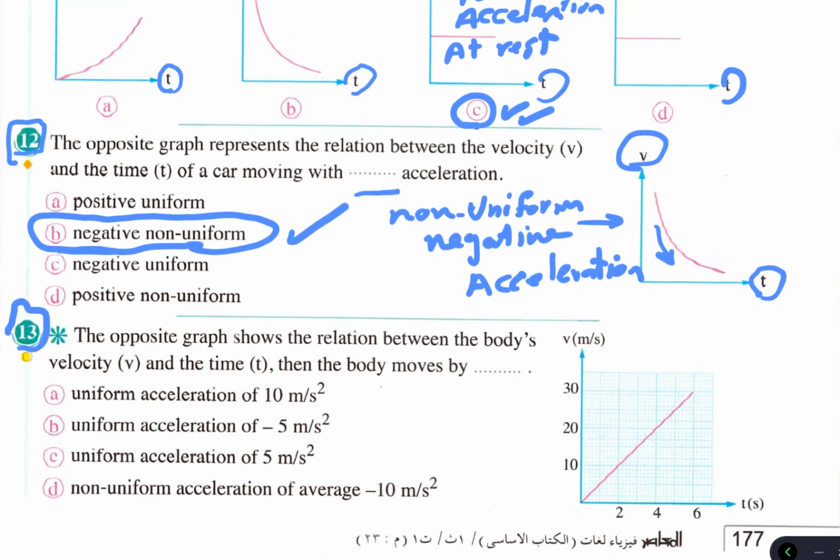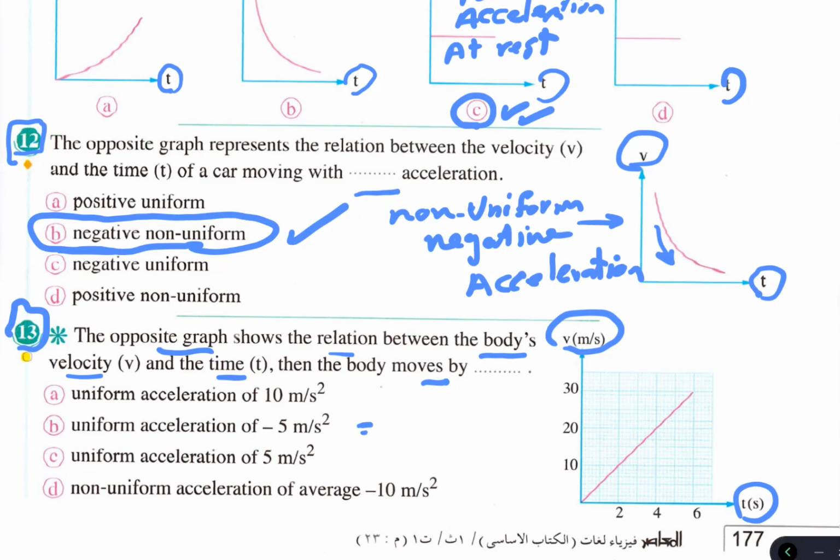Number 13: The opposite graph shows the relation between the body's velocity and the time. Then the body moves by... There is acceleration. We can calculate the acceleration from the slope between velocity and time.